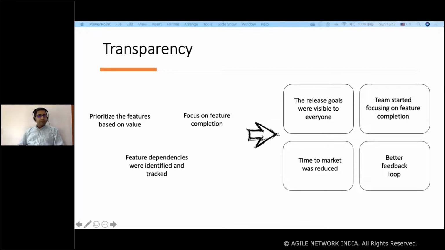What we did was introduce a work-in-progress limit, reduce the number of features in progress, and encourage the team, including the product owner and business, to focus on feature completion. And the last one, but not the least, is a better feedback loop. The faster the features were completed, the team was able to release them into production, and they used to get better feedback.